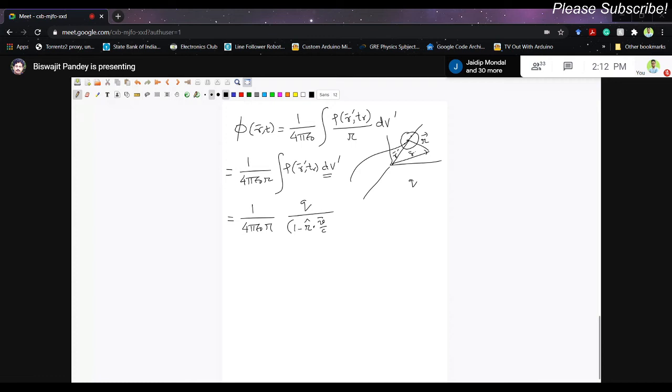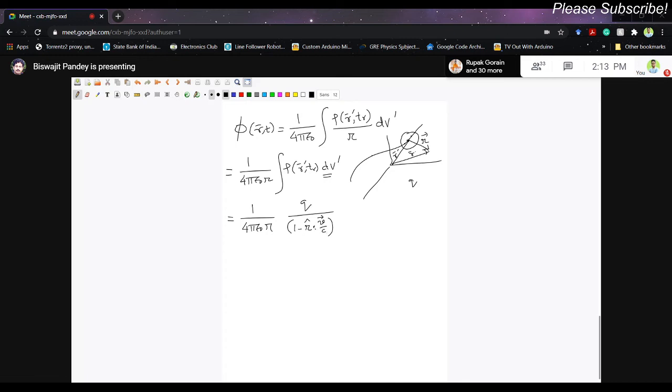v is again the velocity of the moving point charge at this location. The velocity of the charge may also change from point to point, so v is the velocity of the point charge at this particular location at time t_r, and r cap is this direction. You take the dot product r cap dot v, which takes into account the angle between them, so the cos theta term comes out of this. If it is moving towards you it will be negative, moving away from you it will be positive, and so on.